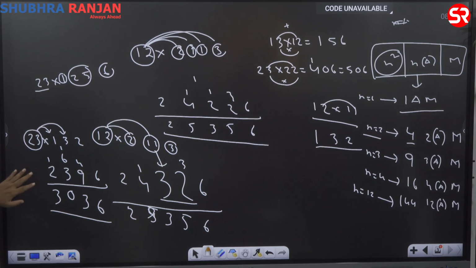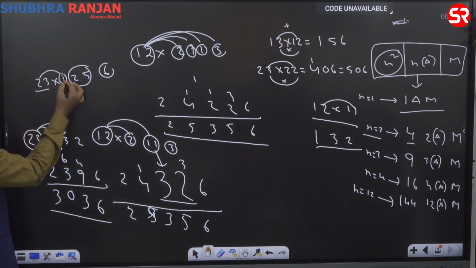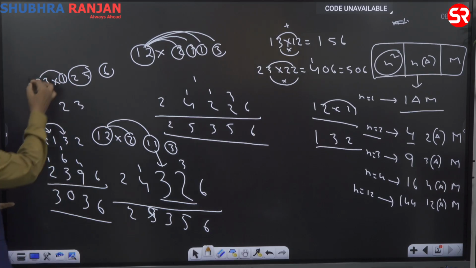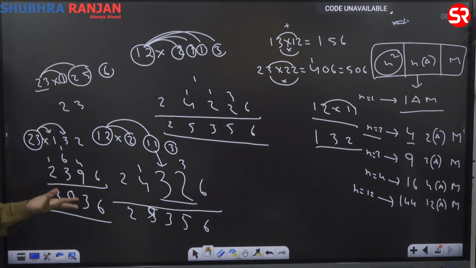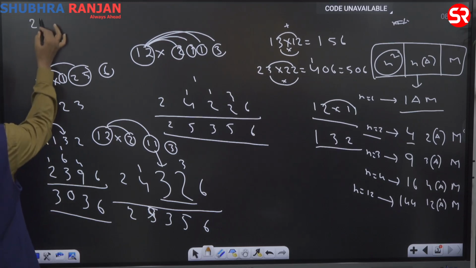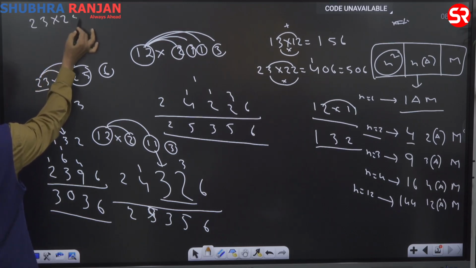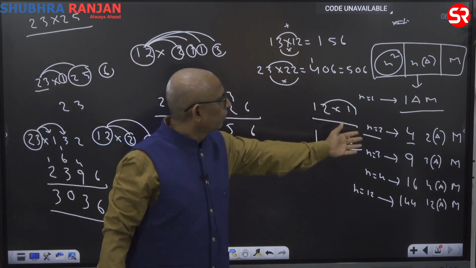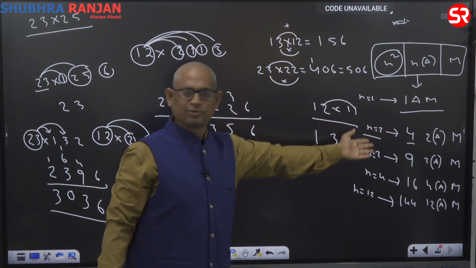This one again. 23 ones how much? 23 into 25. You don't know, so you have to calculate. 23 into 25. But you can apply the same logic of n square NAM with n equal to 2.